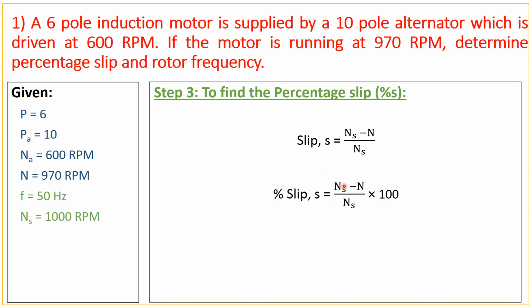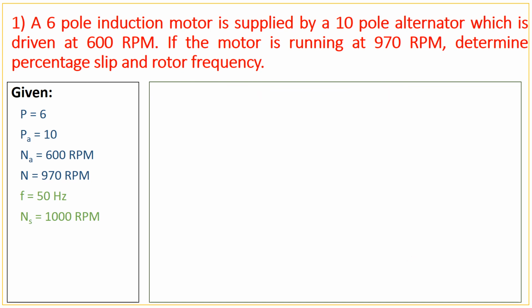Now I have Ns as 1000 rpm and the speed of the motor N is 970. Substitute it in the formula here. I will get 1000 minus 970 by 1000 into 100. So this is 0.03 into 100, which is 3%. So the percentage slip is 3%.